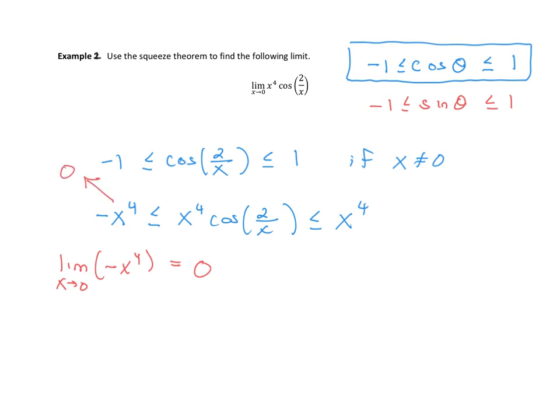Great. Now, what about this piece over here? What is the limit as x goes to 0 of x to the fourth? Well, that's 0 too. So this thing also goes to 0.